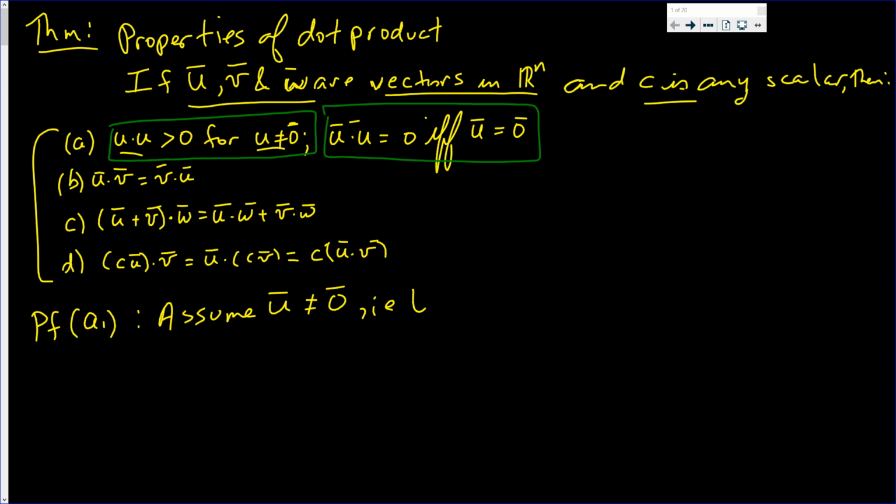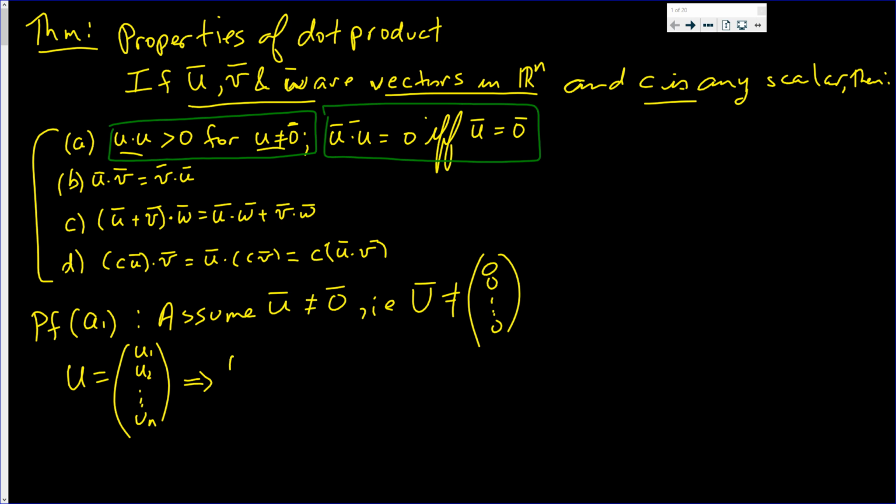That is, u does not equal the vector that has all zeros. Okay, so u is equal to u1, u2, all those n entries, u1, u2, u3 up to un, they are real numbers. u1 is a real number, u2 is a real number, etc.